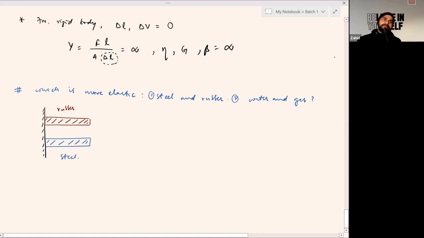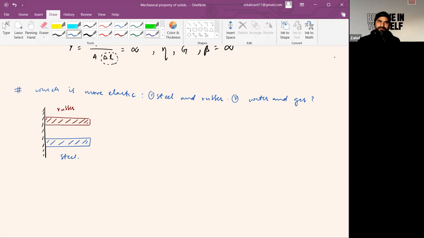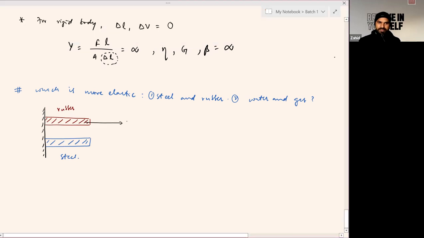Now, if you apply the same force on either one of them, in which do you think there will be more deformation, in rubber or steel?